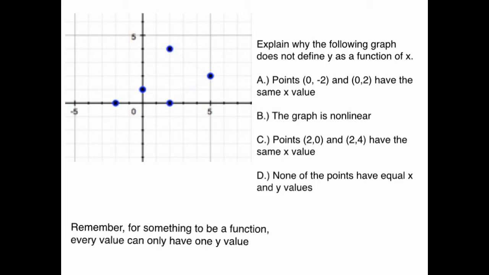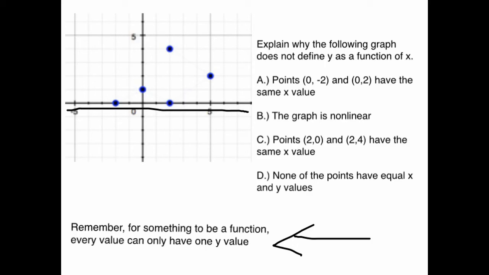Remember, for something to be a function, every x value can only have one y value. So what I'm going to do is just trace along my x-axis, which is of course my horizontal axis, to figure out if every one of my coordinates has one y value for every x value.